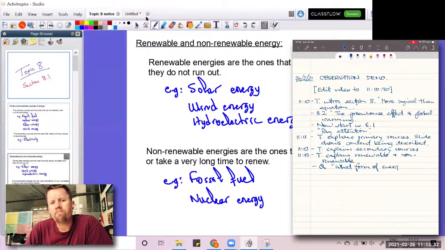Here's another good example of noting the question that the teacher asks, and then a summary of the interactions with the students afterwards.